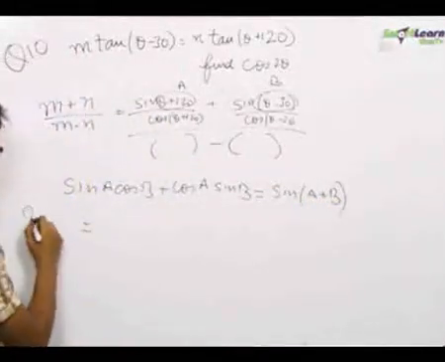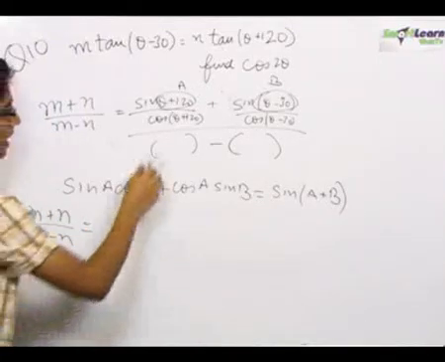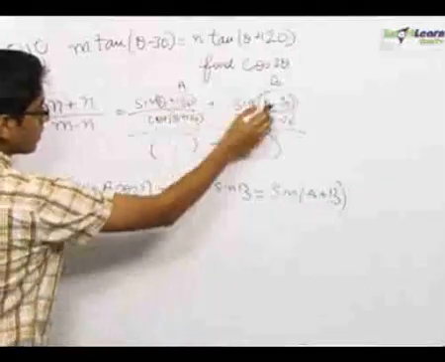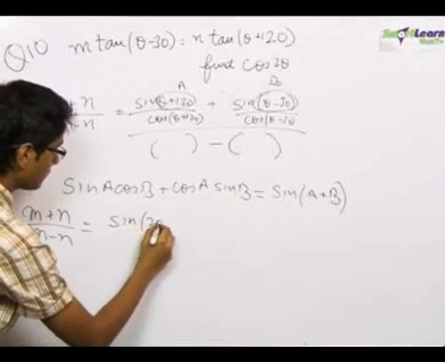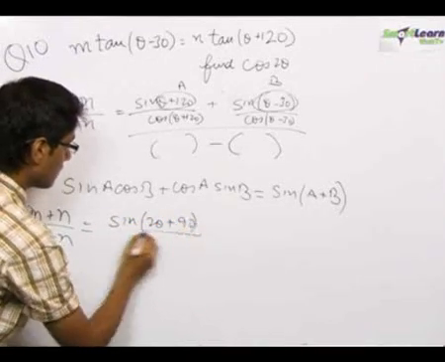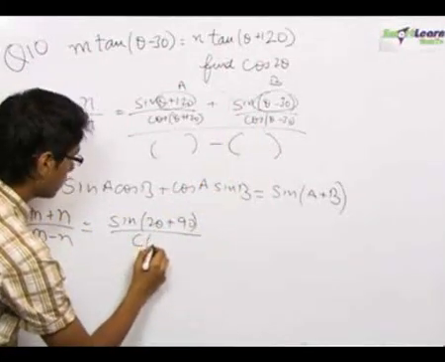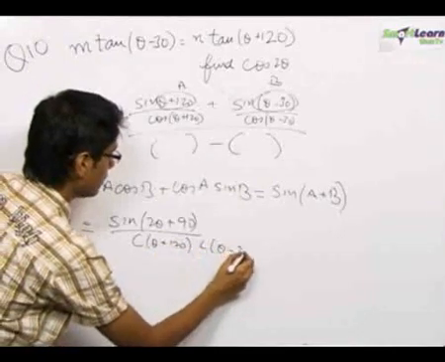So we can directly write m plus n upon m minus n with the numerator sin A cos B plus cos A sin B as sin of A plus B. So this becomes sin of 2 theta plus 90 degrees, divided by these cos of theta plus 120, cos of theta minus 30.